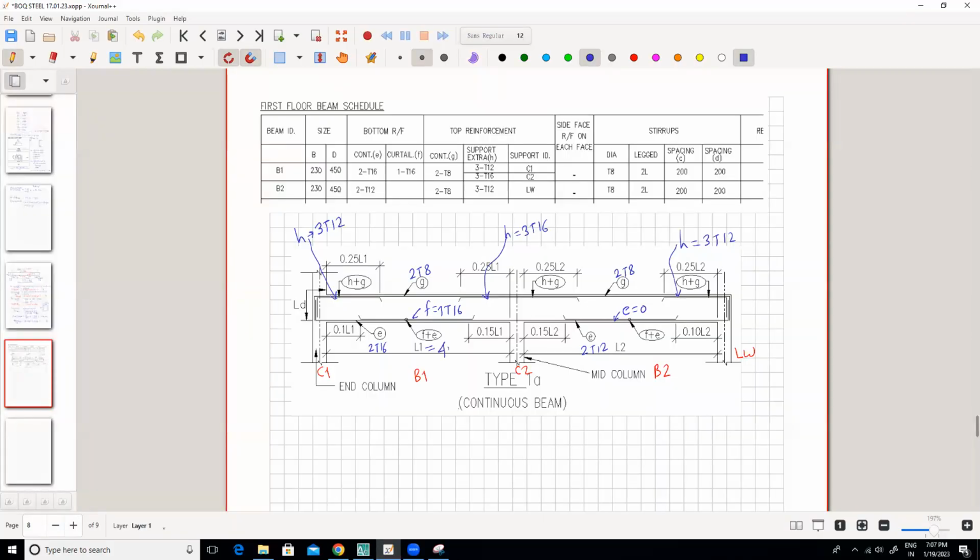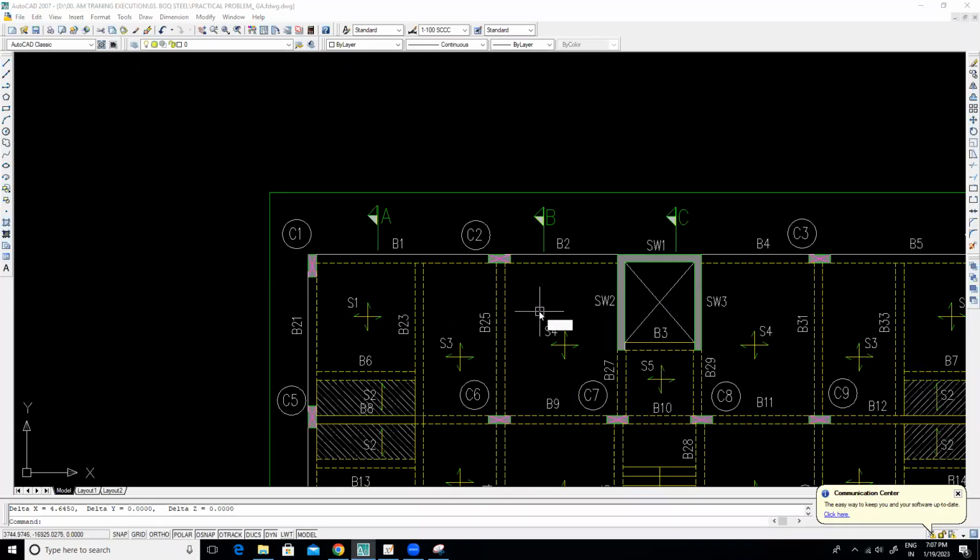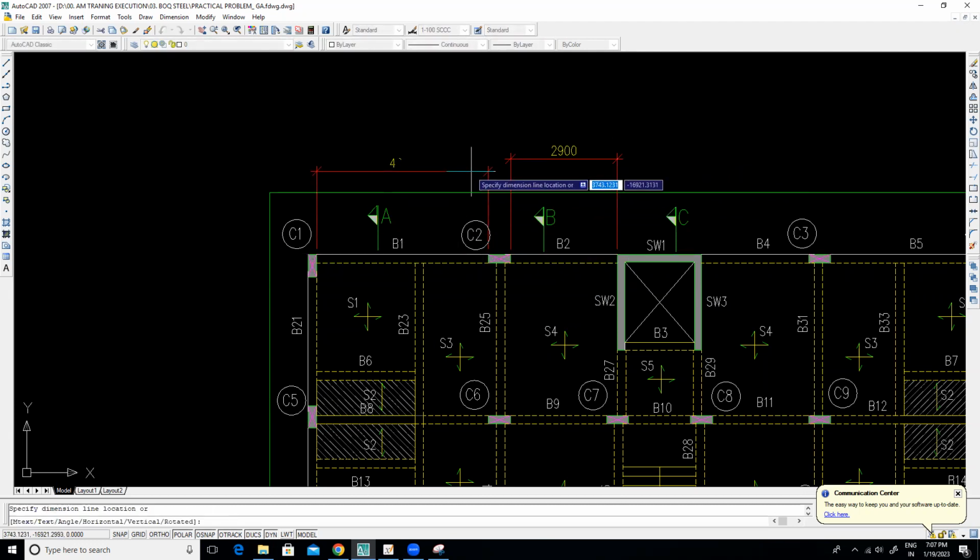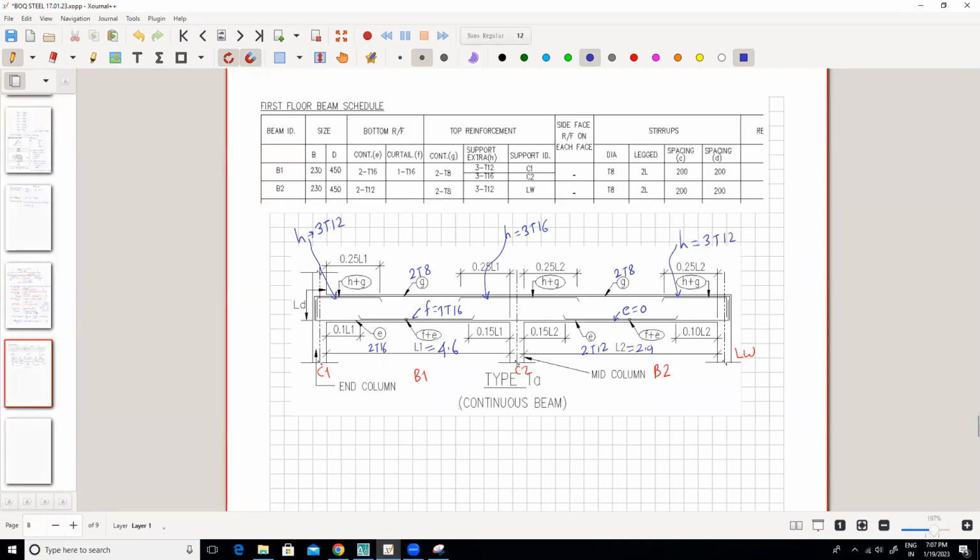L1 is 4.6. And what is L2? Face to face, internal face of the column. So from here to here. All right, check it out. From here to here. 2.9. L2 is equal to 2.9 meters.